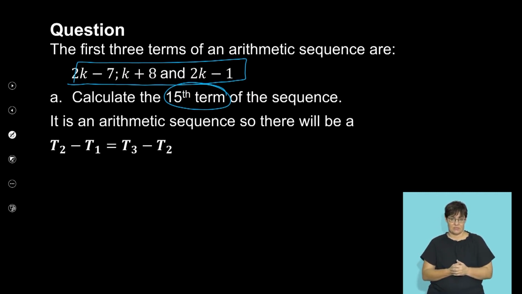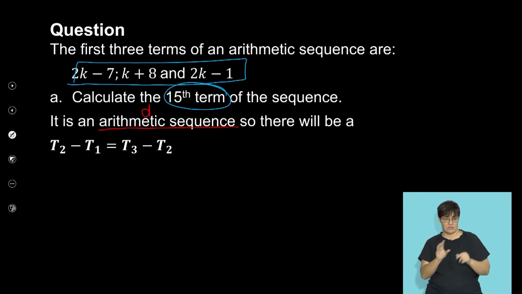I'm going to use the main property of an arithmetic sequence in order to determine the value of k. I know that by definition, an arithmetic sequence has a common difference. So I'm going to substitute in these three values into the common difference expression to solve for k.